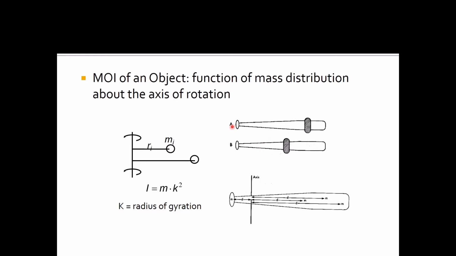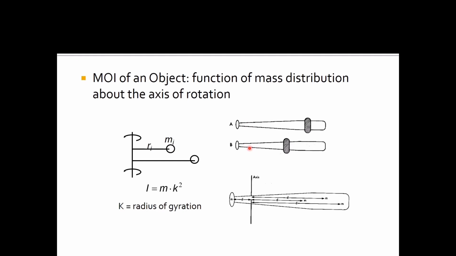Then which one is easier to rotate? B is easier to rotate compared to A, since the weight ring is located right here, a bit closer to the axis of rotation. That's why more mass is located closer to the axis of rotation for bat B compared to bat A. That's why this is a lot easier to rotate.